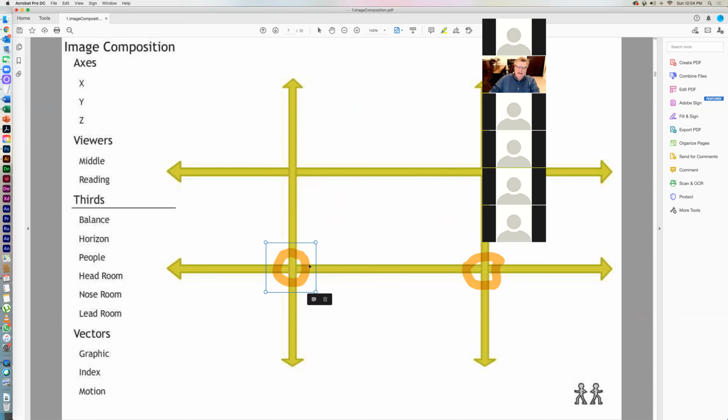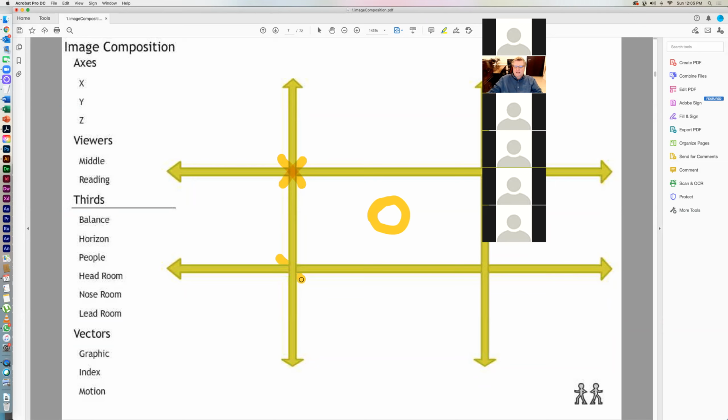A key one is the idea of thirds, that we can take any image and divide it into thirds. By this method, the middle is always a strong place, but it's hyper balanced and very stable and not as exciting. When we work with thirds, and we can twist it and look at it vertically, the most exciting points are these intersections of the thirds.